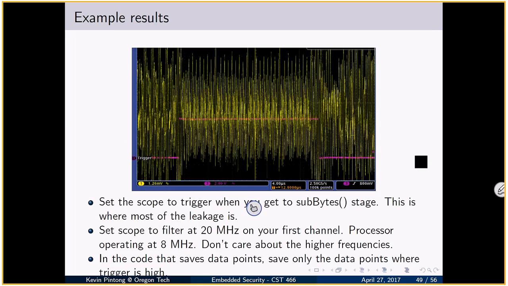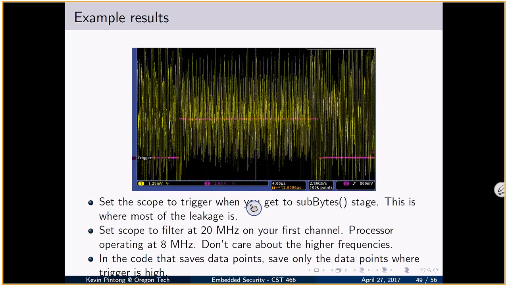When you do this, set the scope to trigger when you get to the sub-byte stage. This is essentially where most of your leakage is. You can probably get away with something else, but the sub-byte stage is the easiest to attack, so we're going to attack that portion. Capture something similar to what I've captured here. Set the scope to filter at 20 megahertz on your first channel, the yellow channel 1 signal.